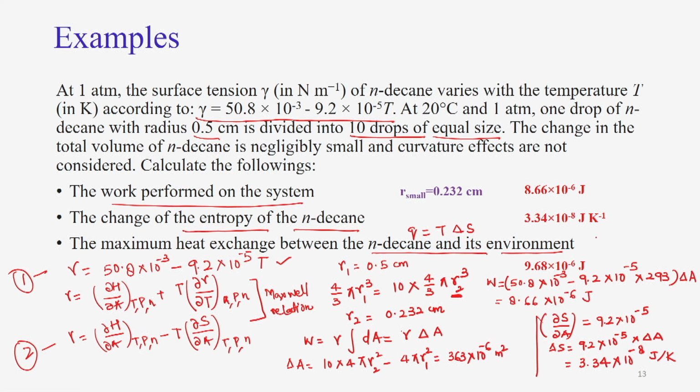So, the value of Q will be 9.68 into 10 to the power minus 6 joule.